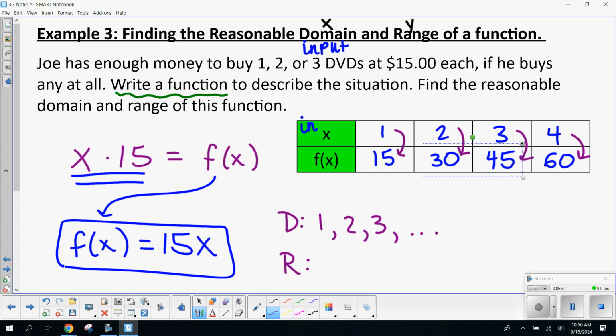Again, we can't buy half of a DVD, so we can't spend increments that are not exactly increments of 15. So we could spend 15, we could spend 30, we can spend 45, and so forth. Technically, here in this situation, we could buy 0 DVDs and spend 0, but the situation said 1, 2, or 3, so that's why we're starting with 1.